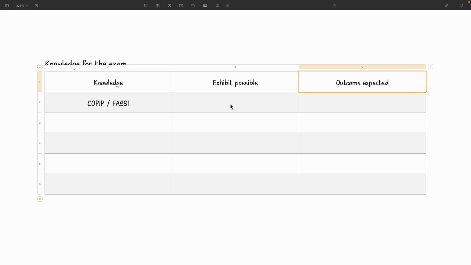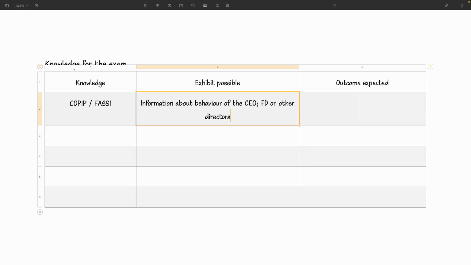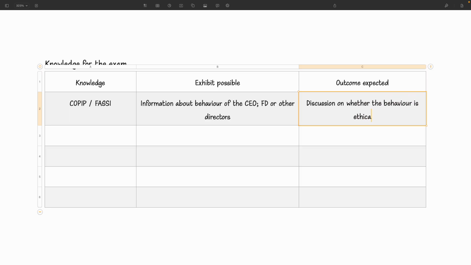These are the main ones. Okay, the exhibit possibility is probably going to be about this. So the knowledge they may want to test is copy fussy.